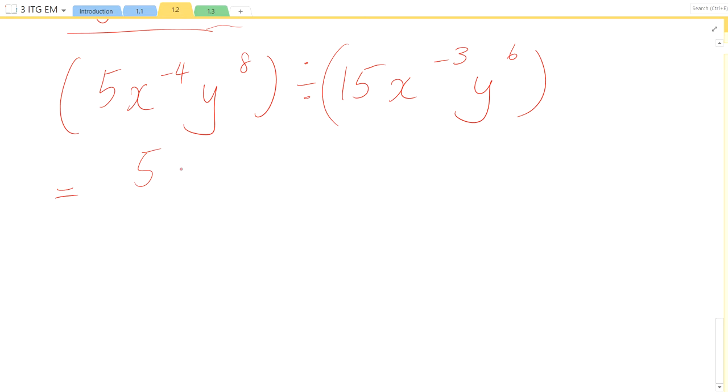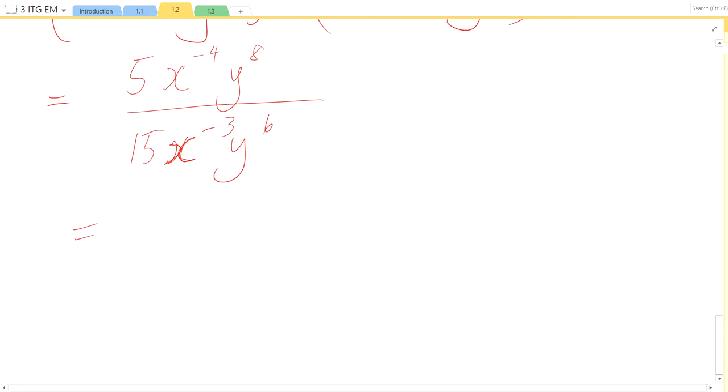We are all very comfortable with that. What did your primary school teacher tell you? Cancel 5 and 15. I'm left with 3 at the bottom and 1 at the top, right?